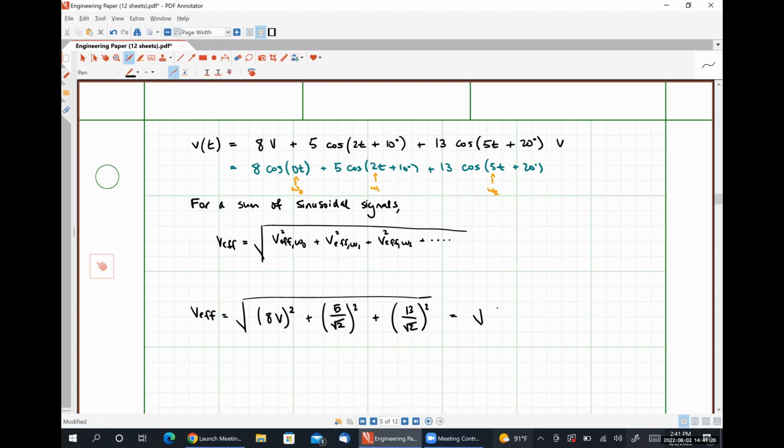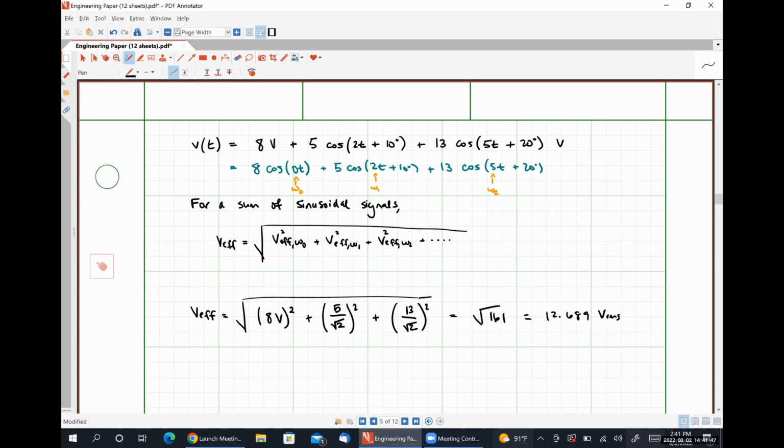Comes out to be the square root of 161, or 12.689 volts RMS.